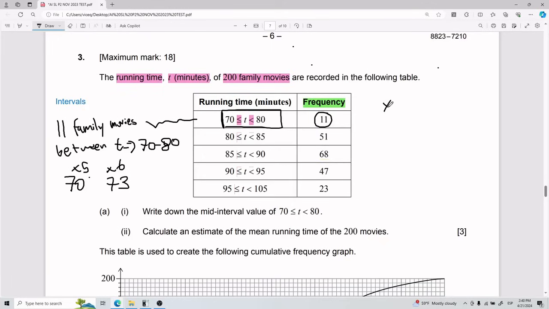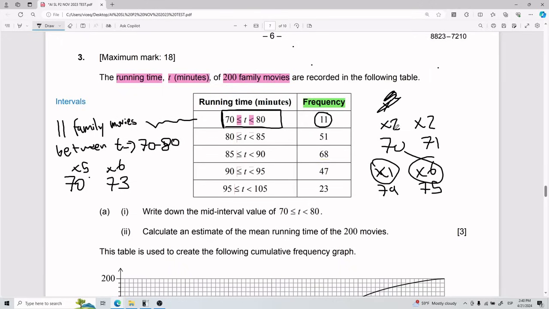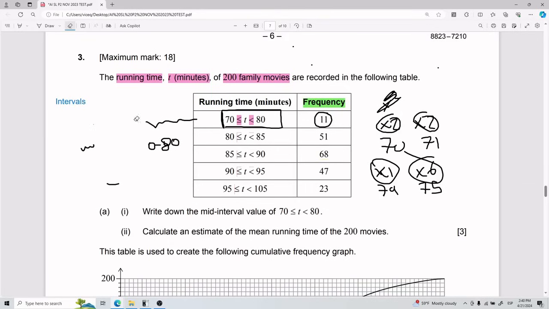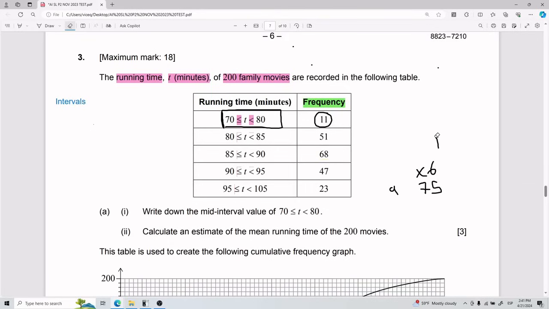Or you can have, I don't know, 2 70s, 2 71s, and whatever, 1 79, and maybe 6 75s, like times 1, times 6, times 2, times 2. And so you have no idea how it is spread out within that interval, see? And so this is going to be relevant down the road for estimating means and stuff like that, okay? But we just need to understand that when we have intervals, we have to treat it like so, okay?